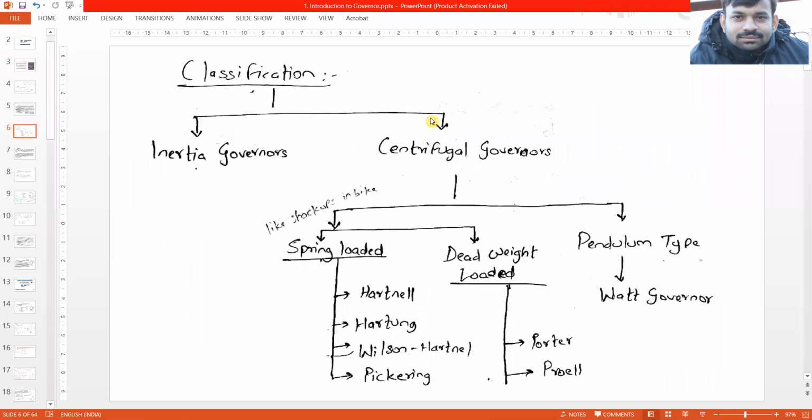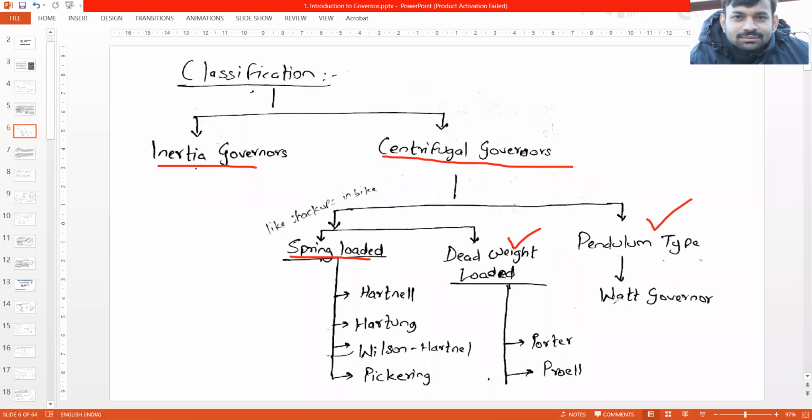Then we have to start with the classification of governors. Governors are basically classified into two types: inertia governors and centrifugal governors. Now these centrifugal governors are further classified into three types. One is the spring-loaded governor, second is the dead weight governor, and third is the pendulum type governor.